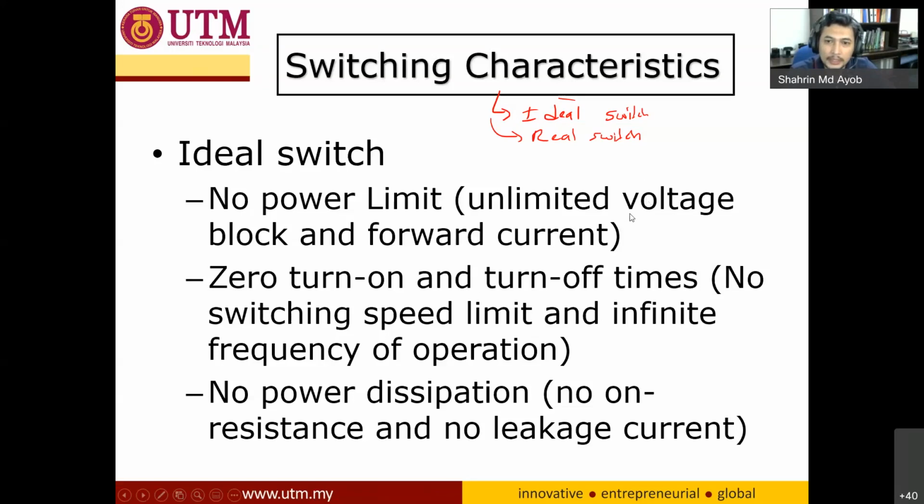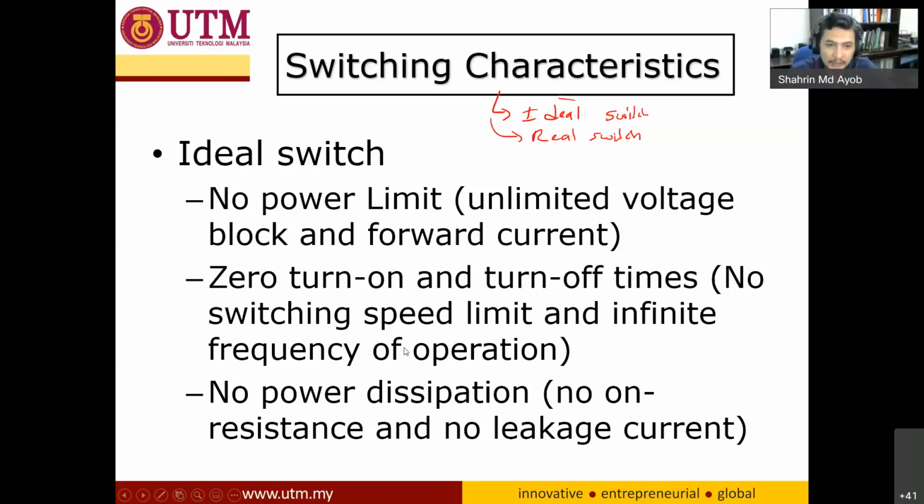I will explain what voltage block and forward current are after this. No power limit. The second characteristic of the ideal switch is that there is no delay in turn on and turn off. So zero turn on time and zero turn off time.